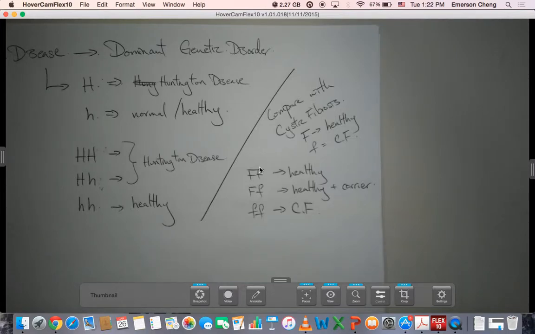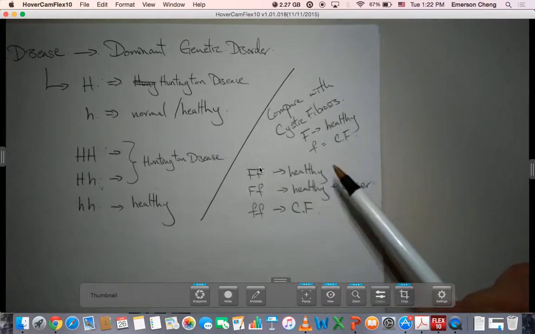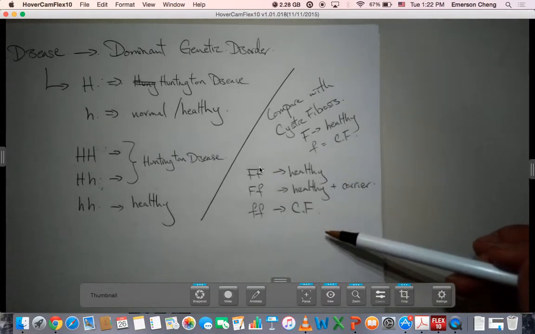So if you think about this and you look at these two scenarios, Huntington's disease, if you do Punnett square, you will see a much larger percentage of offspring having Huntington's disease versus cystic fibrosis because it is carried by a recessive gene. Okay?